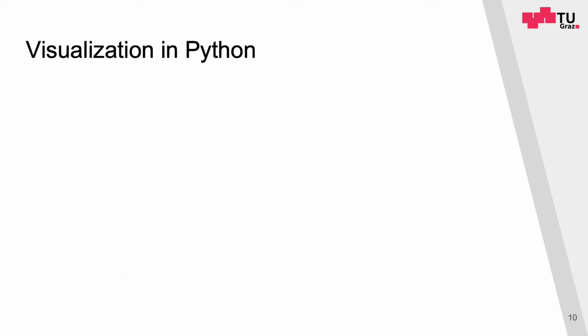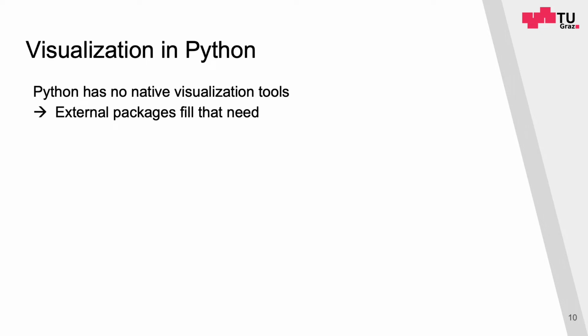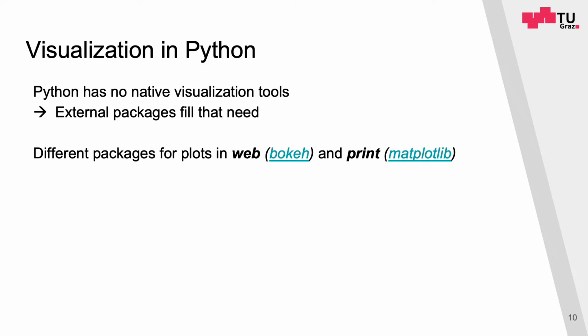So how does the visualization in Python work? Unfortunately, Python has no native visualization tools. Therefore, we need to rely on external packages which fill that need. And there are different packages out there. For example, the Bokeh library, which produces plots for the web in HTML format.